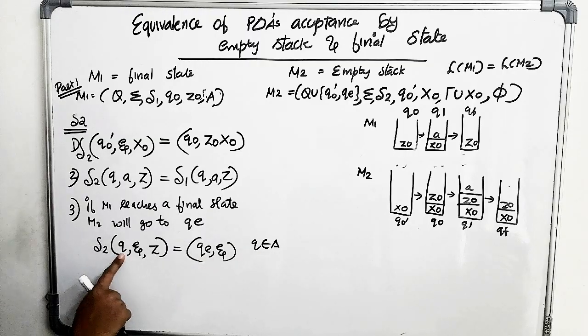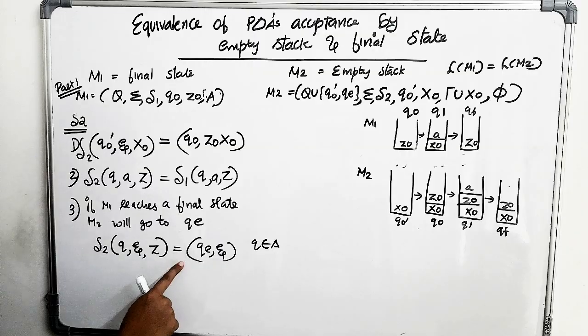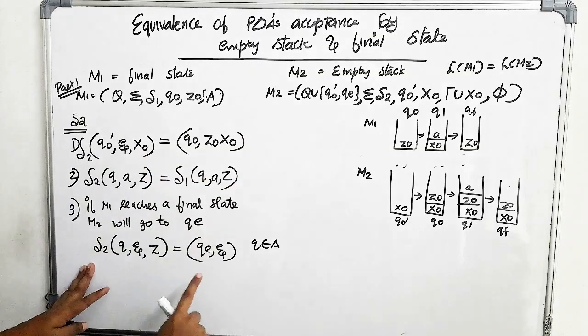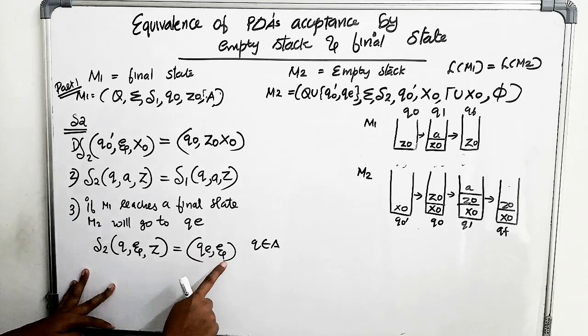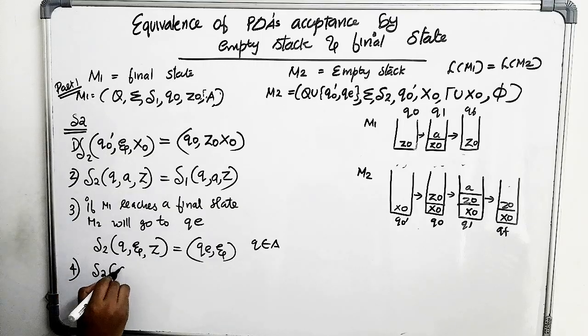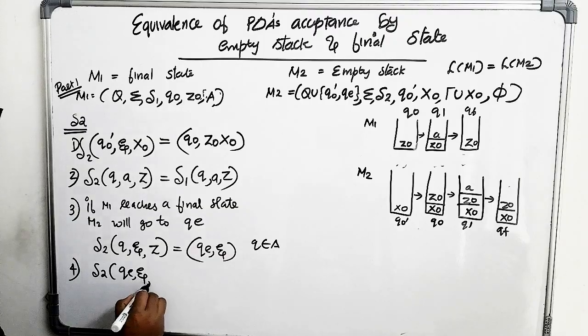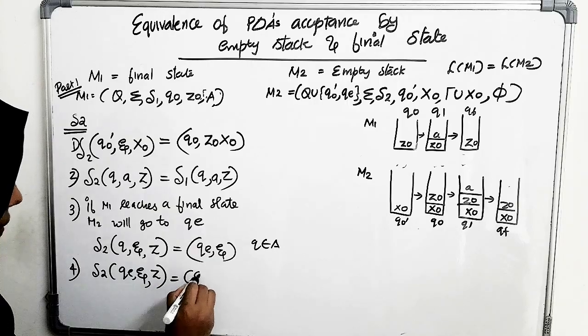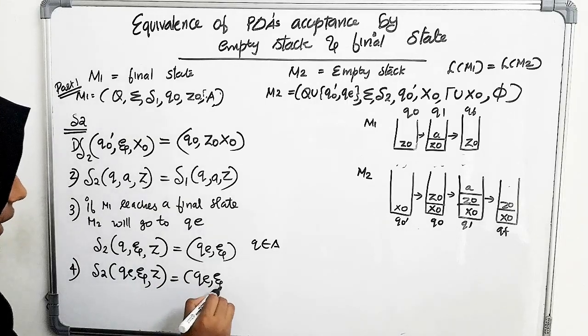So when M1 reaches a final state, when input is completely consumed, whatever is on top of the stack, M2 will go to the erasing state QE and will keep on popping the symbols off of the stack. Now when it is in QE and the input is empty, whatever is present in the stack, it will remain in QE and keep on popping.